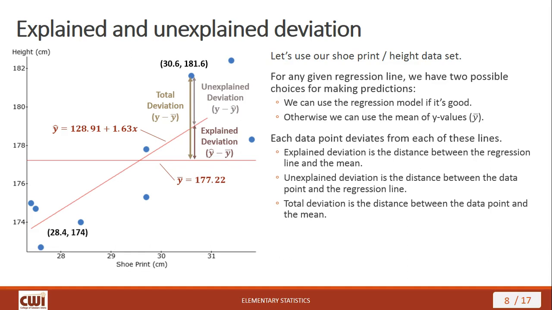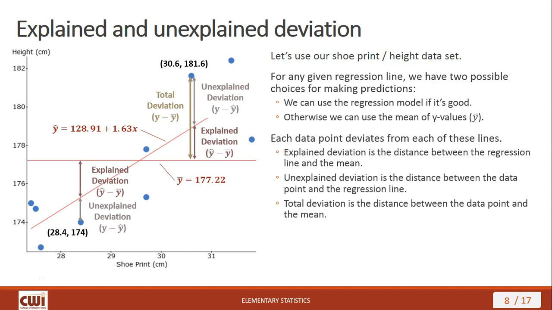Let's take a look at another data point. Look over the lower left-hand corner of the scatter plot. X value of 28.4, Y value of 174. Our explained deviation will be the distance between the mean and the regression line. The unexplained deviation will be the distance between the regression line and the data point.